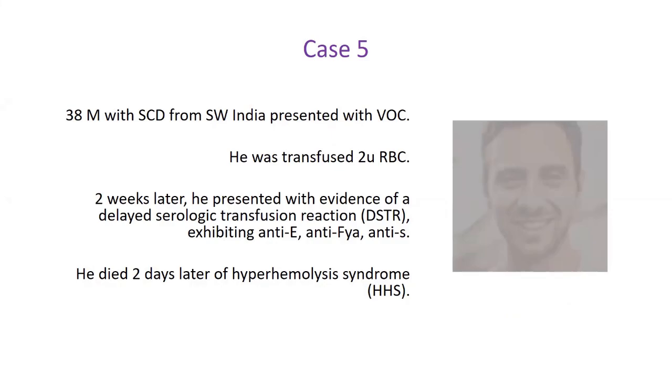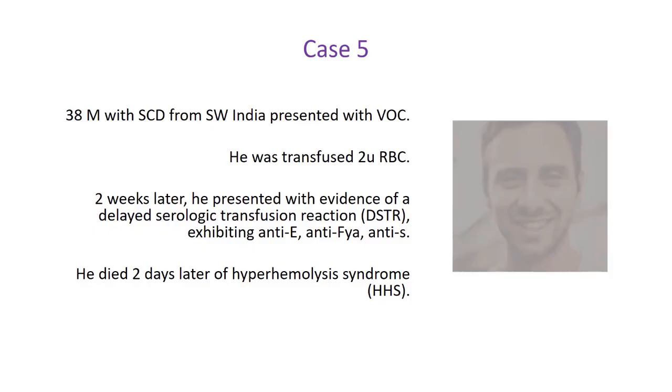He therefore looked consistently screen negative, so therefore only got prophylactically antigen matched blood, CE Cal matched. What happened? 2 weeks later, he presented with a DSTR.